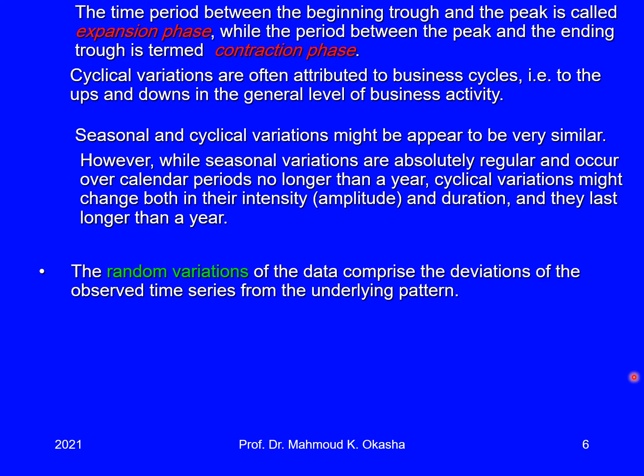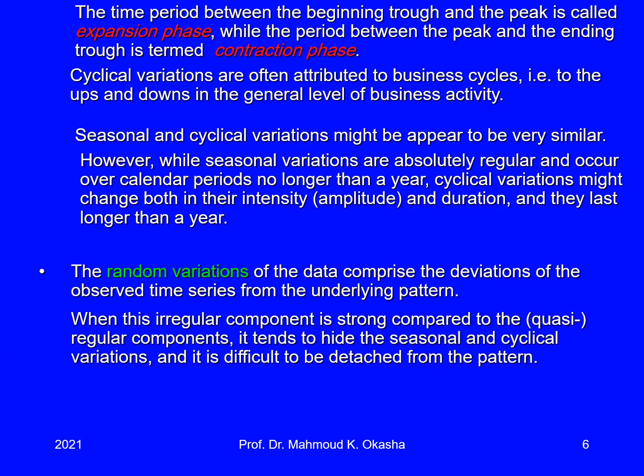So any time series should contain some systematic, useful component, so that you can use it in forecasting and benefit from it. But some series do not contain anything. But most time series in real life contain random variation and at least one of the components that we mentioned.